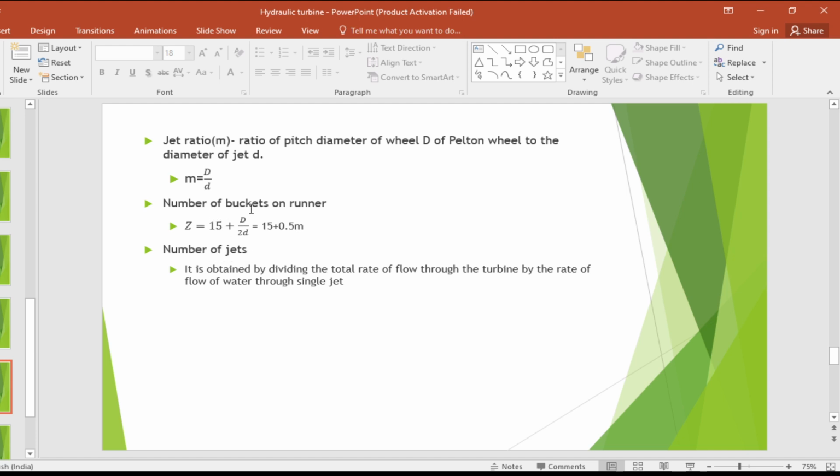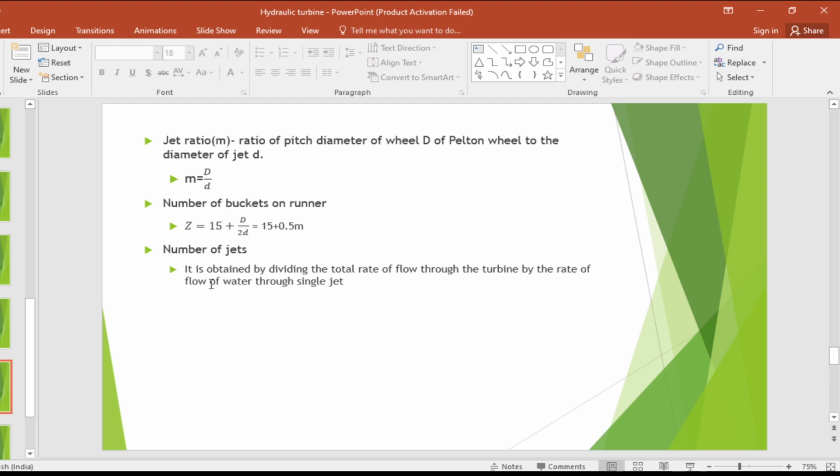Now the number of jets. Now we have found out the number of buckets on the runner, so how will we find out the number of jets? Either that is a 1 jet, 3 jet or a 2 jet turbine. How to find it out? So number of jets will be obtained by dividing the total rate of flow through turbine by the rate of flow of water through single jet.